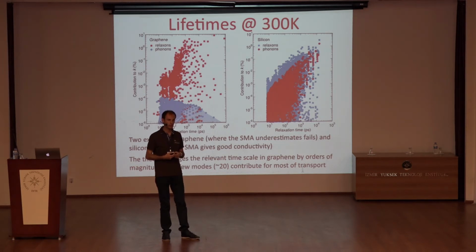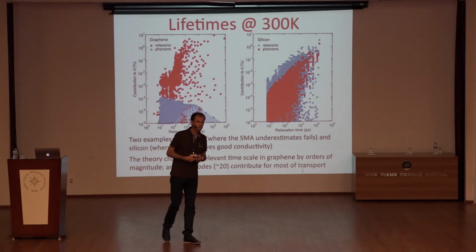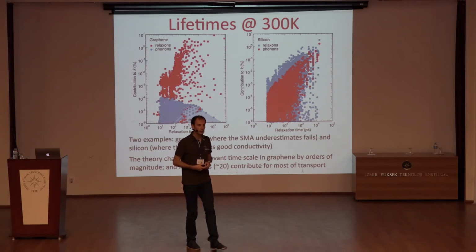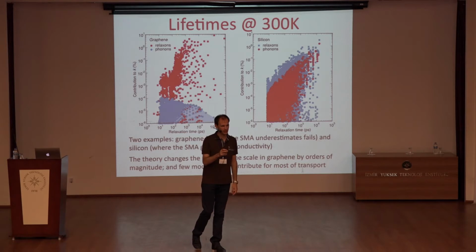But if we solve the Boltzmann transport equation directly, the full solution of the Boltzmann transport equation doesn't give us relaxation time. So if we convert it to relaxation time, it can sometimes be negative. Which relaxation time do you mean?